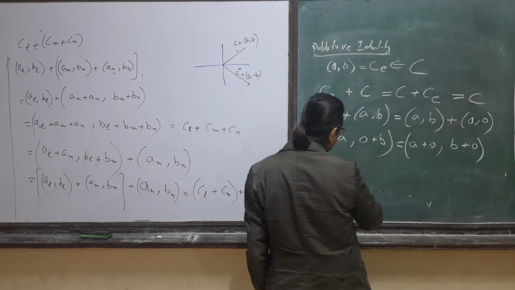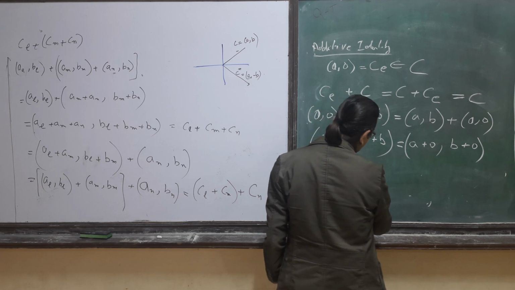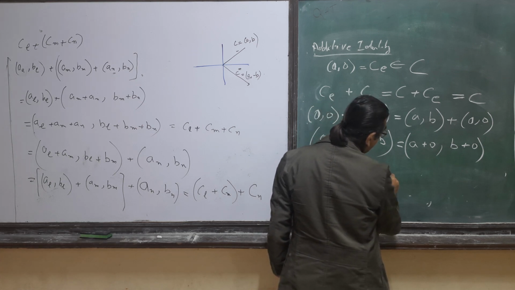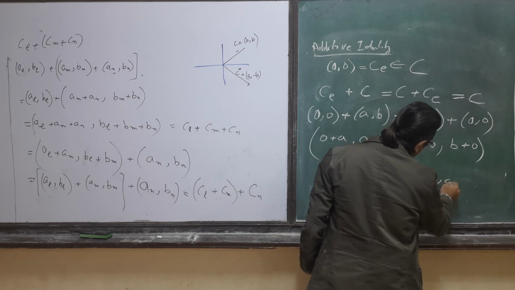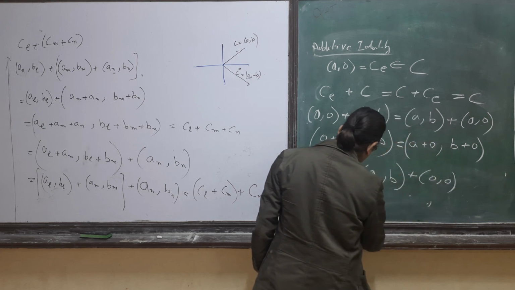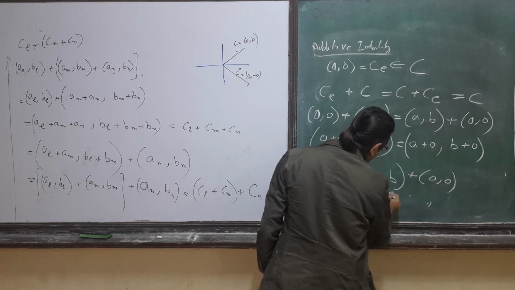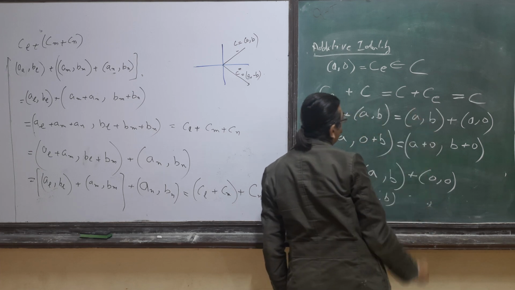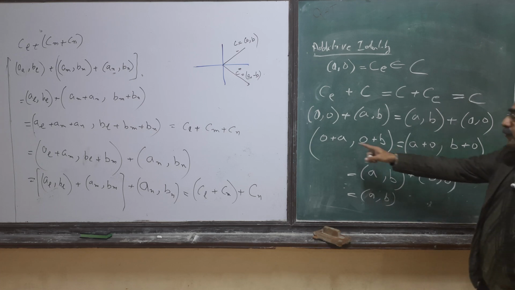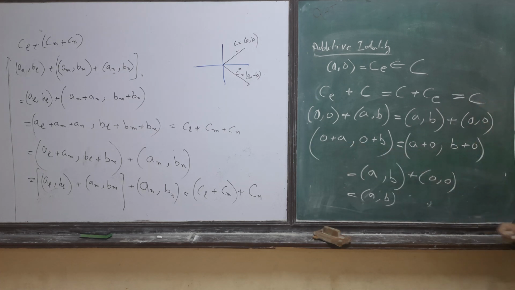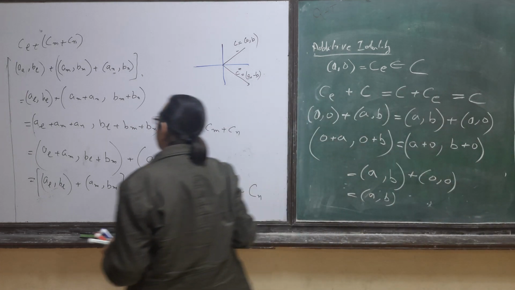Okay. A, B, the same element. That will be a C. This obeys the commutative property. Okay. The third will be inverse.